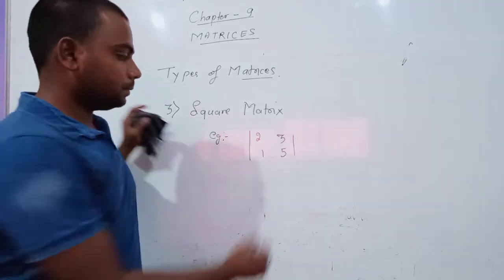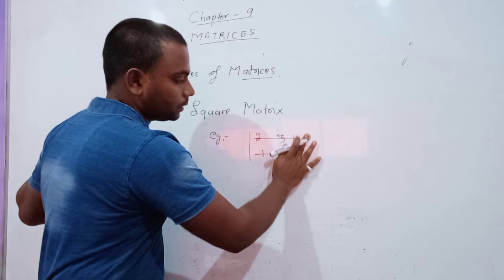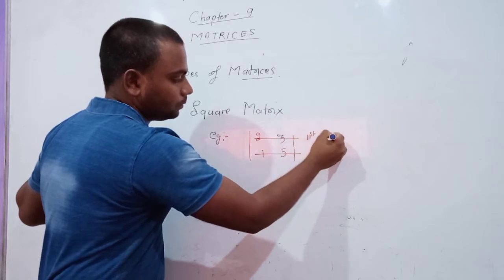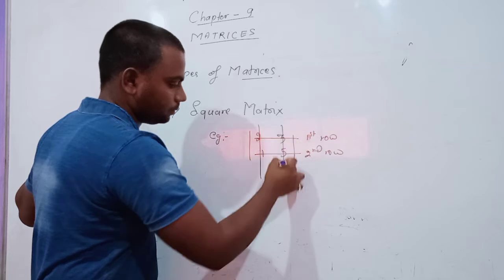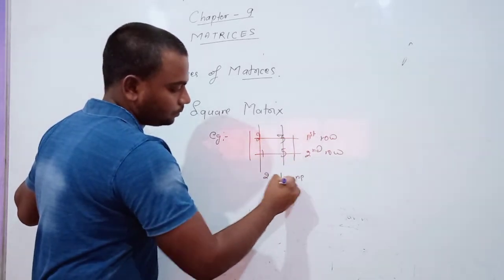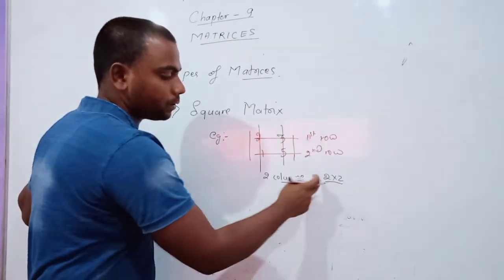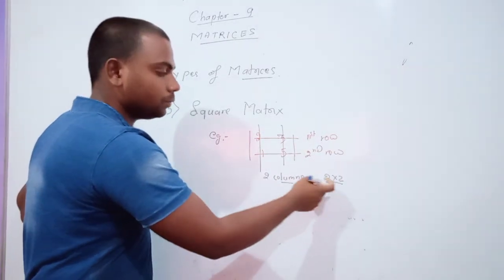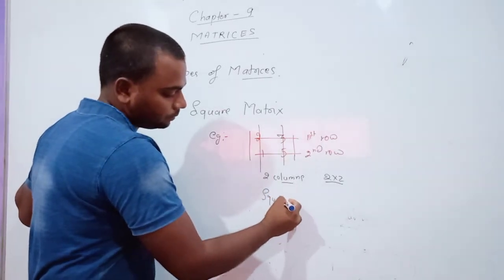Here two rows are there, first row, second row, and there are two columns. Two rows, two columns, means 2 into 2. Its order is 2 by 2. So it will be considered as a square matrix.